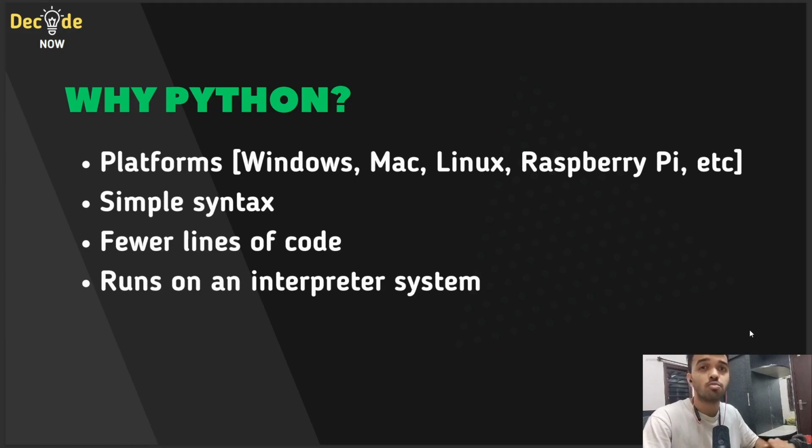So Python is almost similar to English. So if you know English, you can learn and understand Python very easily. Fewer lines of code. Compared to other programming languages, using Python, we can write code in fewer number of lines. Runs on an interpreter system. What I mean by this is, as soon as the Python code is written, we can run. There is no need for compilation.